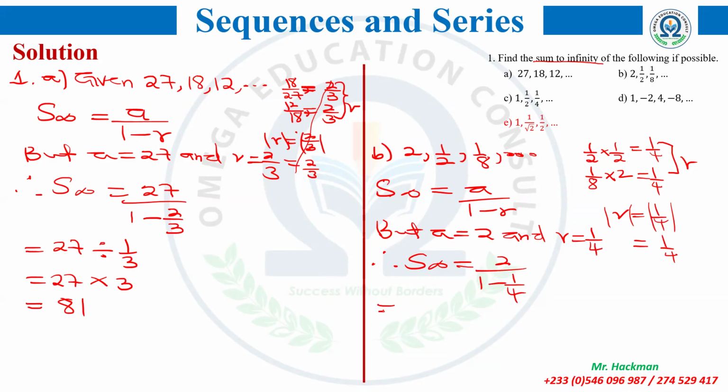So we get 2 divided by 1 minus 1 on 4, which gives us 3 on 4. Am I right? Yes. Which in effect gives us 2 times 4 on 3, which is 8 on 3. Am I right?